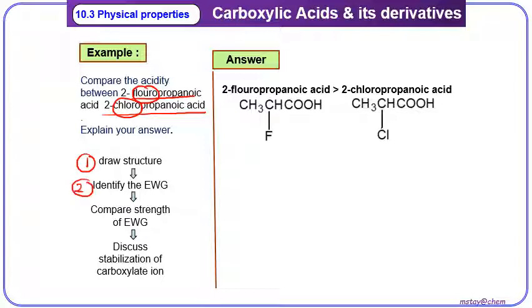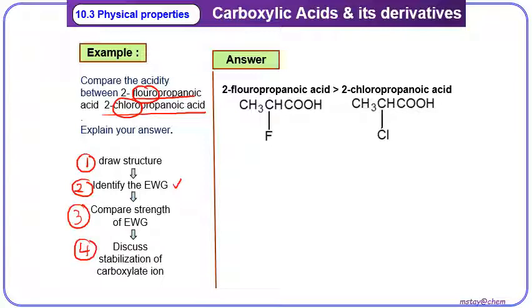Second, we need to identify the effect. In this question, both are halogens, so we know that they are EWG. But these two halogens are different, so we need to compare the strength of the EWG, and lastly we will discuss the stability of the carboxylate ion.